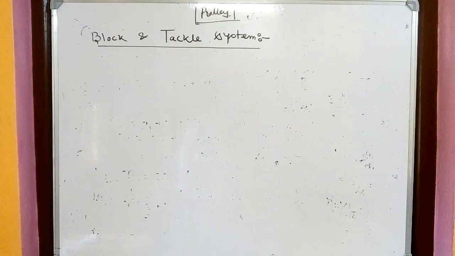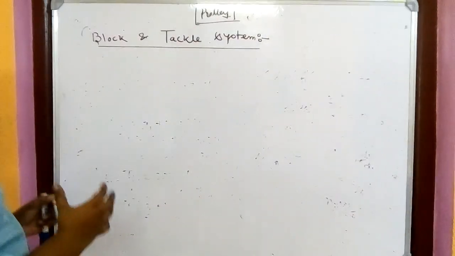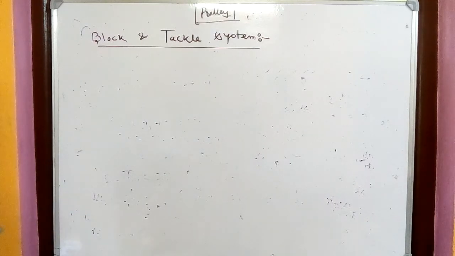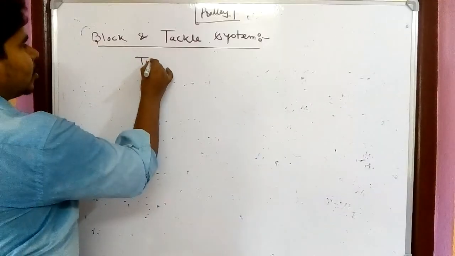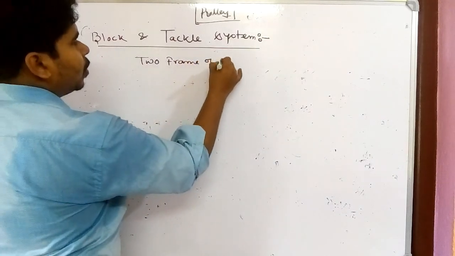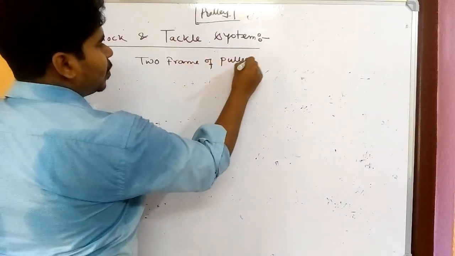Now we'll learn another combination of pulleys, that is block and tackle system. What is block and tackle system? Now here in this system we have taken 2 frames of pulleys.